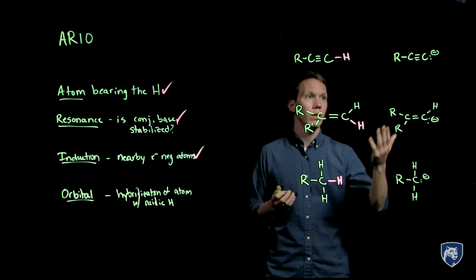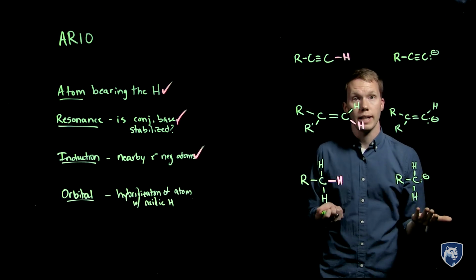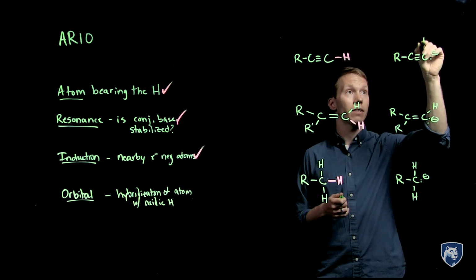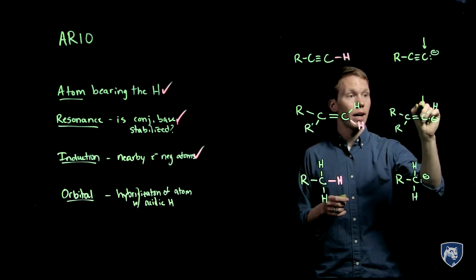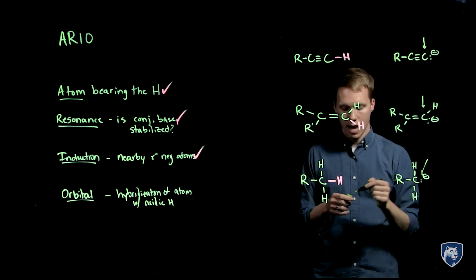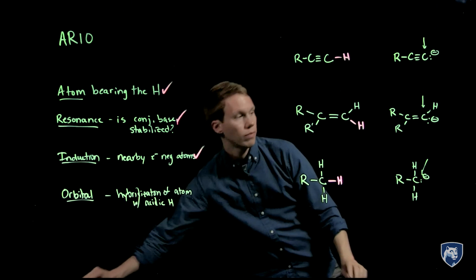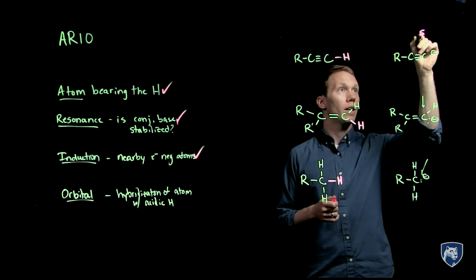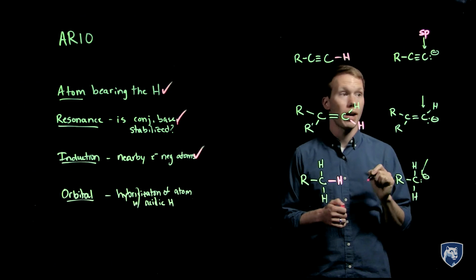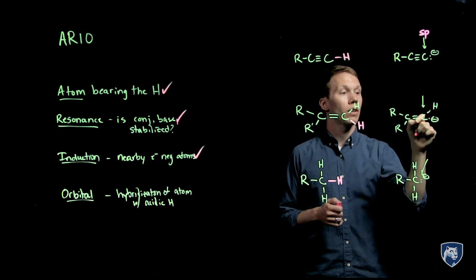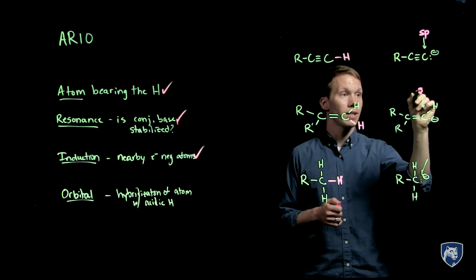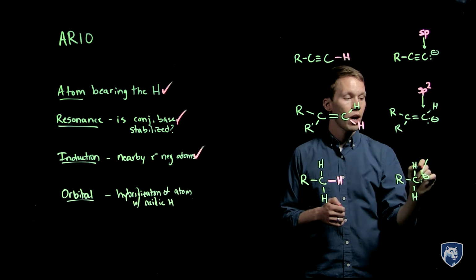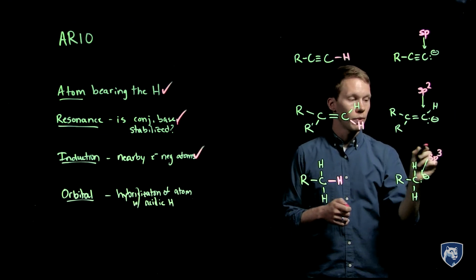So how would we look at these in terms of their stability? Well, we look at this guy here, here, and here, and we look at their hybridization, right? So the hybridization of the carbon here is sp hybridized. It has 2 domains. The carbon here has 3 domains, so that's sp2, and the carbon here is sp3.